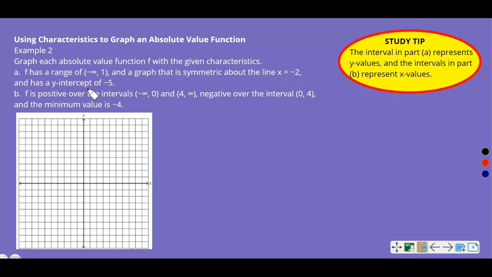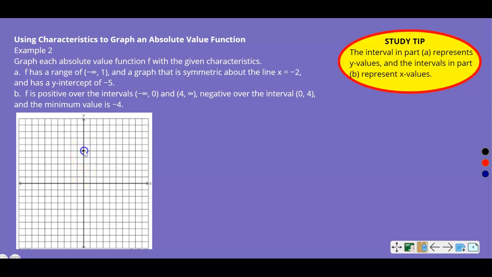So let's just focus on a part right now. So we have a range of -infinity to 1. We have a graph that is symmetric about the line x equals -2 and has a y-intercept of -5. All right, so -5 is the easiest one. Let's just go ahead and put that. So we're going to go 1, 2, 3, 4, 5.